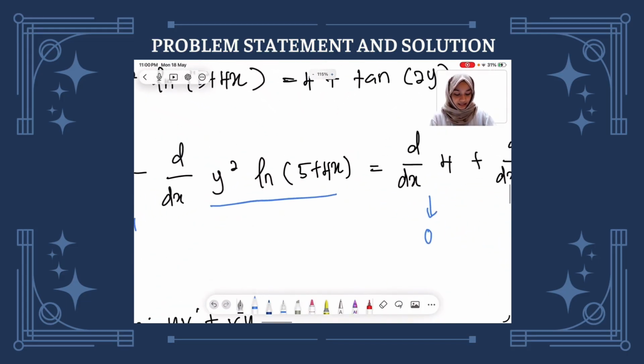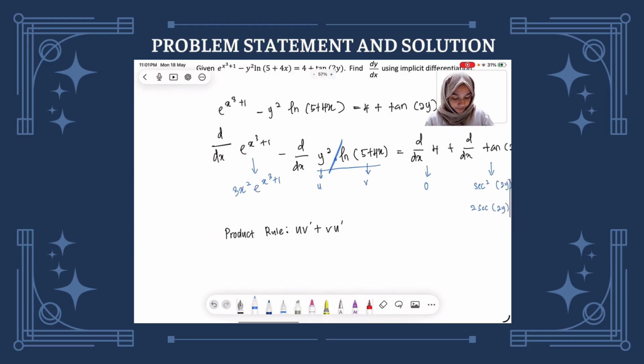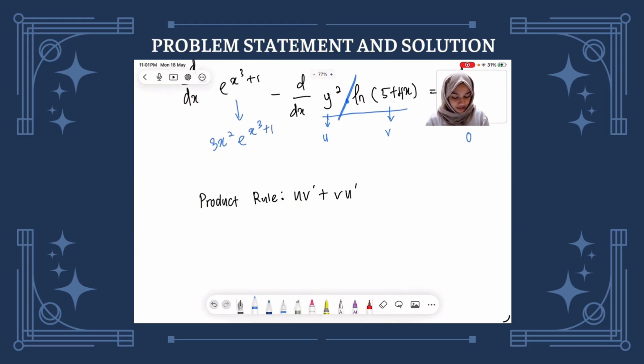And then this part, y squared times ln of 5 plus 4x, is suitable to differentiate using the product rule. So this y squared is going to be u, and ln of 5 plus 4x is going to be v. And then this is the formula of the product rule.